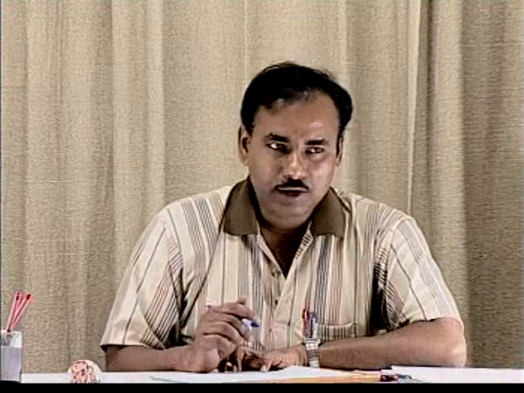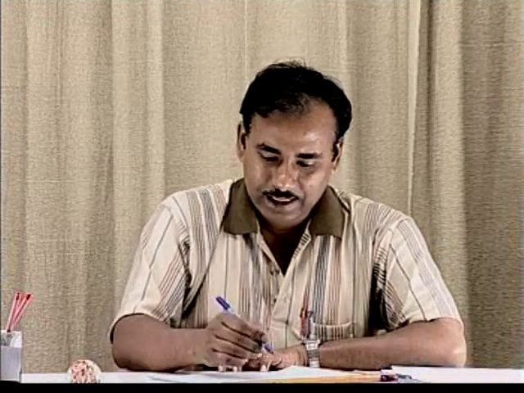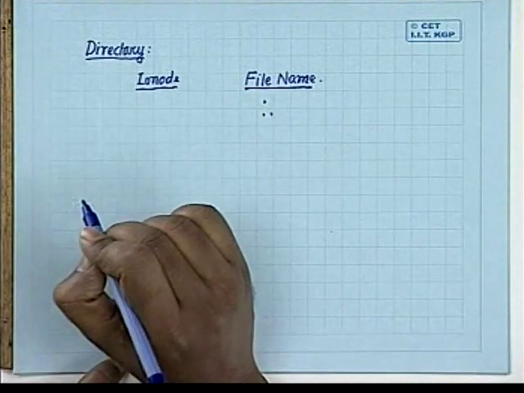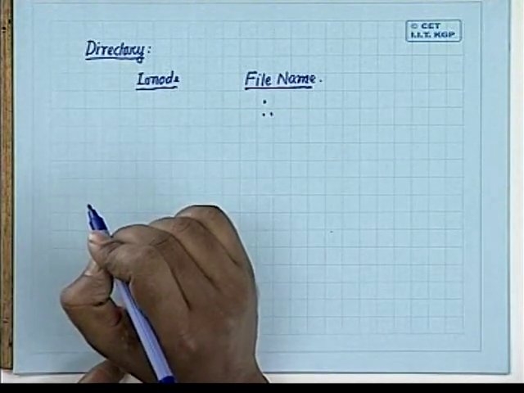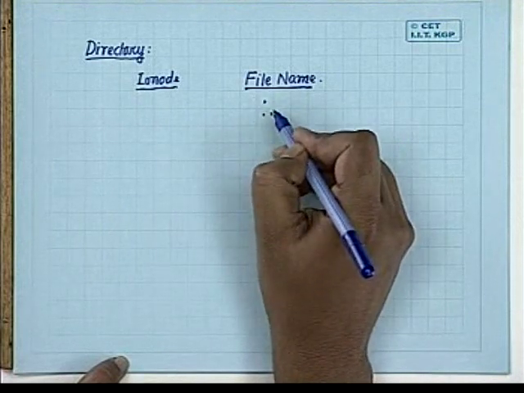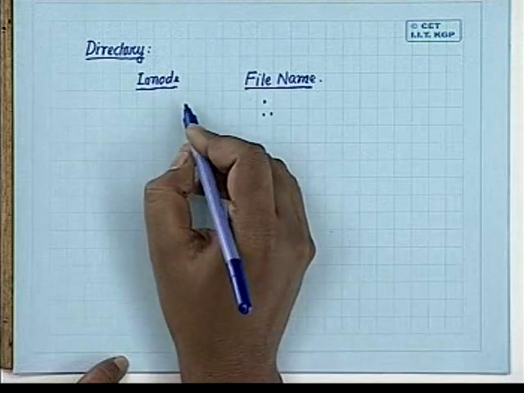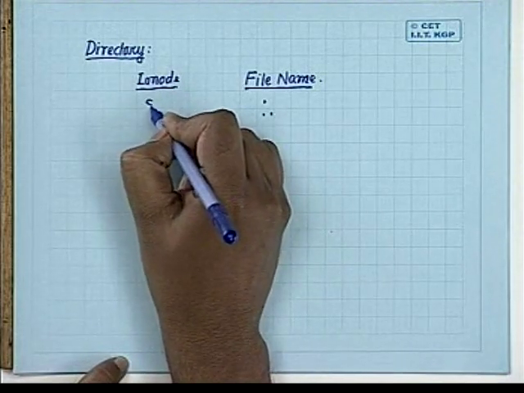So the directory will contain a list of these pairs. There will be two special entries named dot and dot dot. Whenever you have given any directory listing, you must have noticed that the first two entries are dot and dot dot. The dot will have one inode, let us say some inode number, say 83.